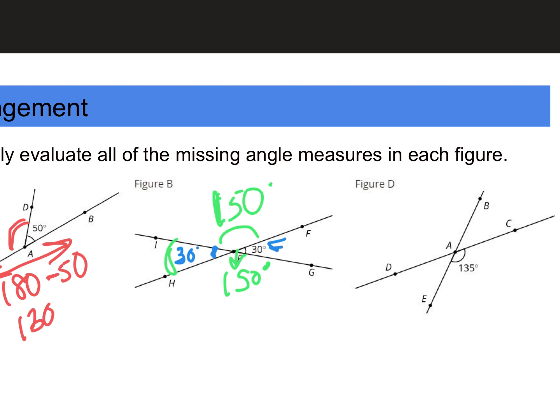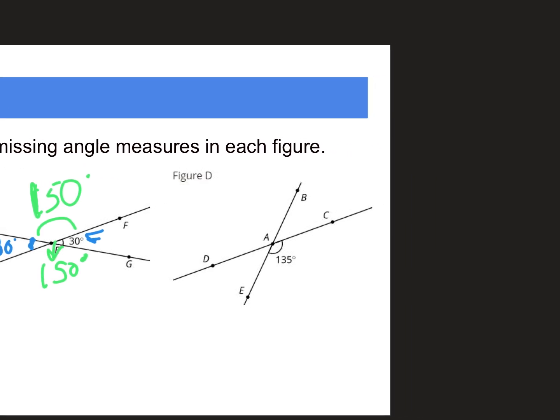Let's come over to figure D. Again, I've got 4 angles. So let's go first for our vertical angle. This angle over here must also be 135 degrees. And then this angle here must add with the 135 to make a straight line, because this whole thing has to be 180.